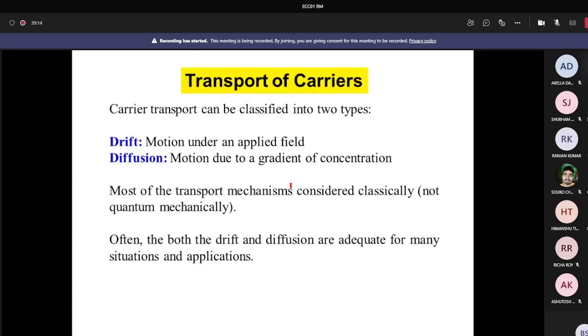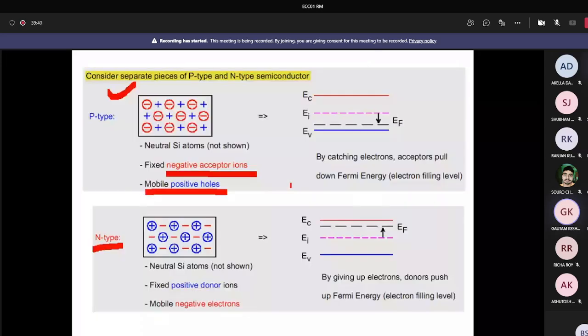So far we have discussed the charge carriers. Sir, I have one confusion. What do we understand about the Fermi level coming down? It tells us about the probability of finding an electron.